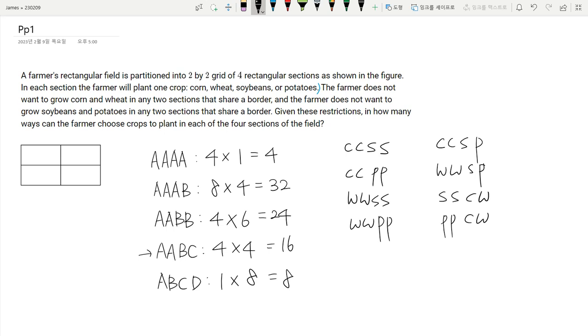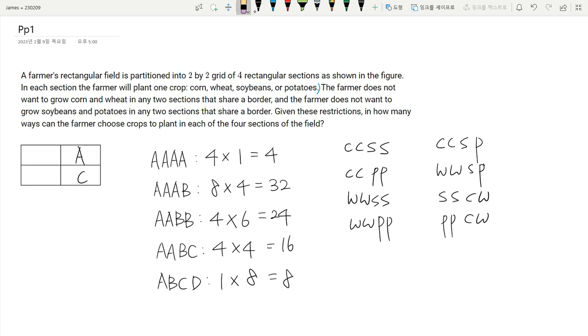So these are four choices, and the arrangement is, we can exchange B and C, or we can pair the other diagonal with A, and then we can exchange B and C. So the arrangement is 4. So 4 times 4 is 16.